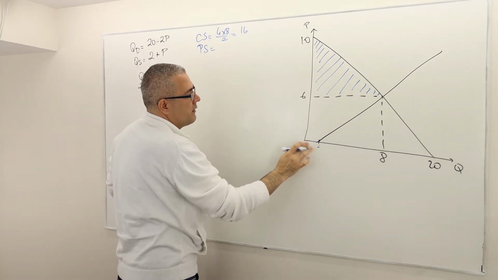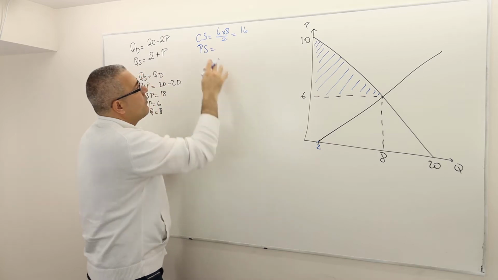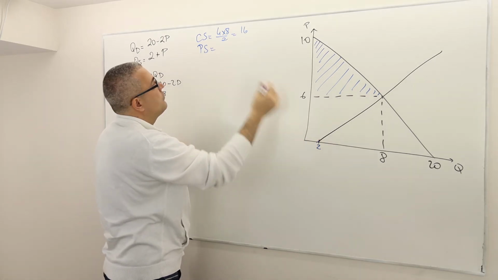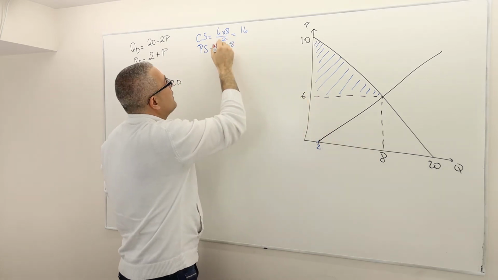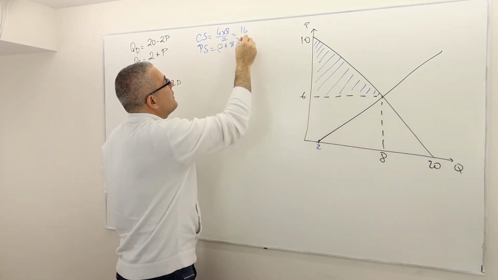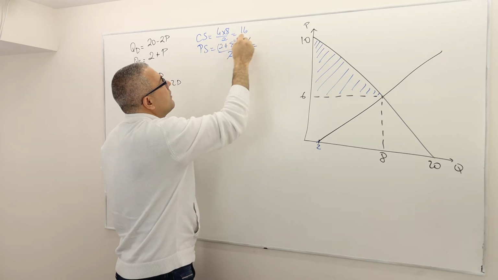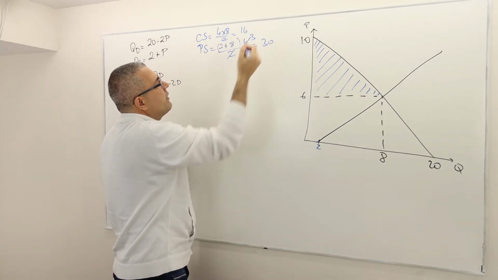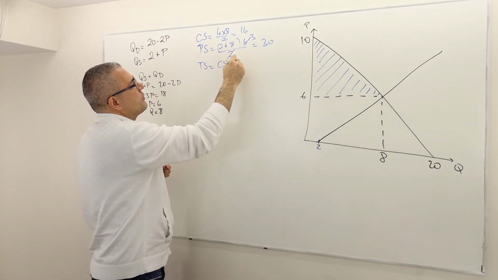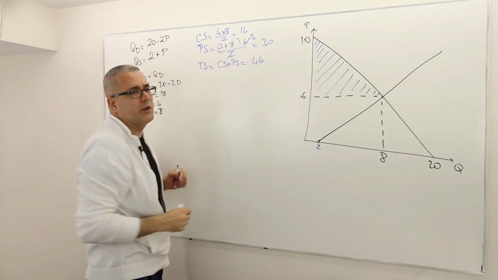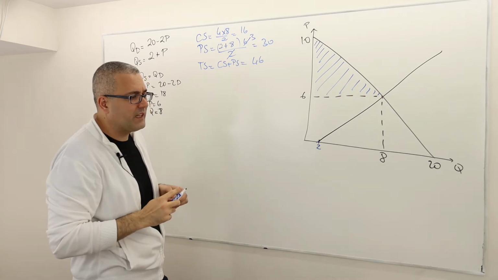So it's not rocket science. But we know that the producer surplus is 2 plus this length, which is 8, times the height, which is 6, divided by 2. So it is 30 units. So the total surplus is always consumer surplus plus producer surplus, guys. So it's 46 units. All right? That's it.